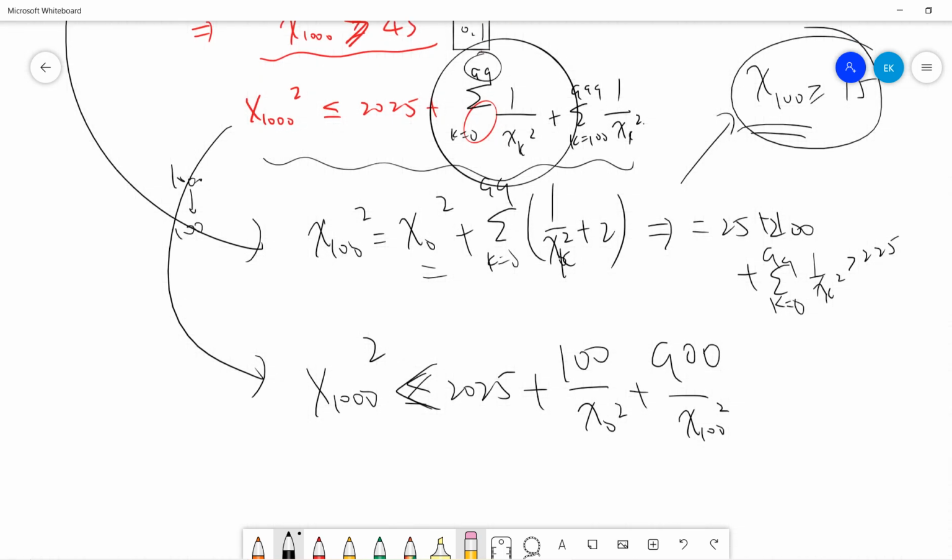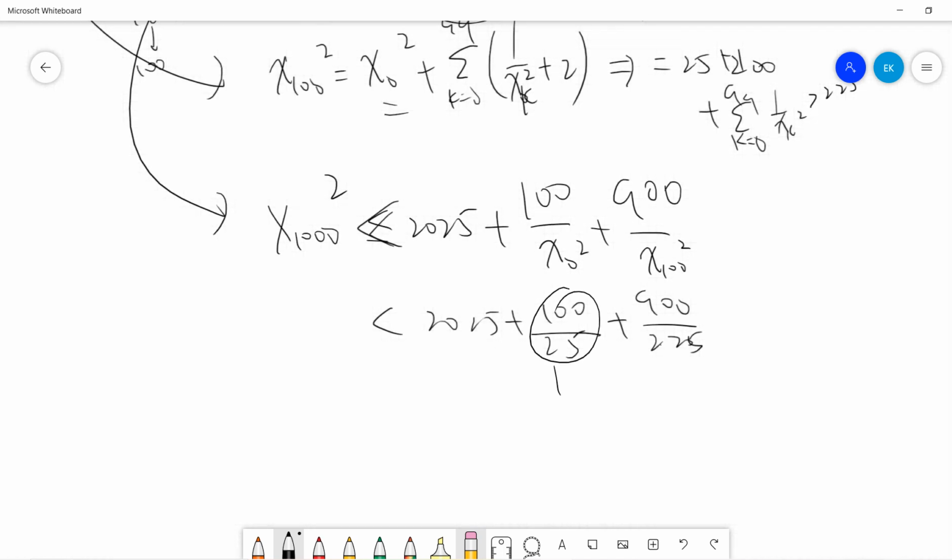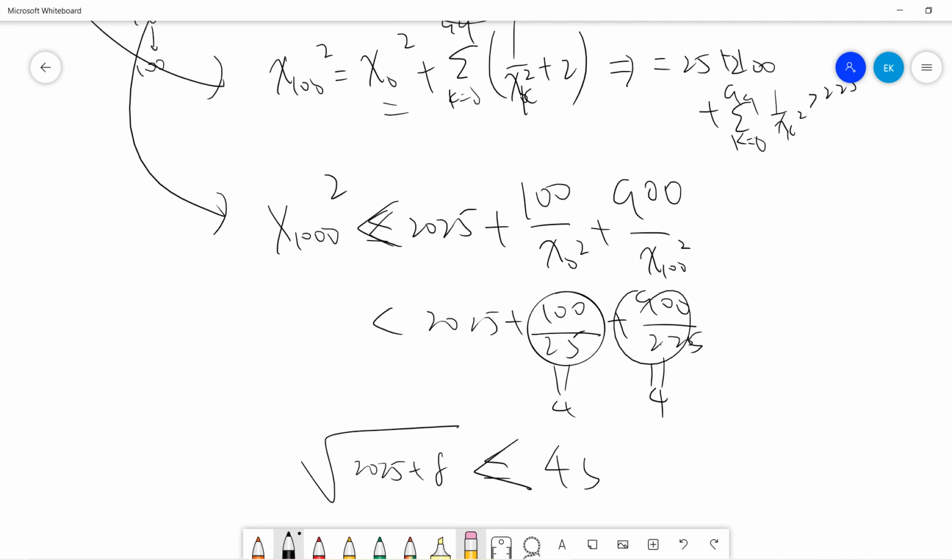So this term is 2025 plus 100, and x0 is 25, 25 plus 900 over 225, which is just 4, right? So 2025 plus 4. If you take the square root of this, it should be less than 45.1. And I think you can easily check that it is less than 0.1.